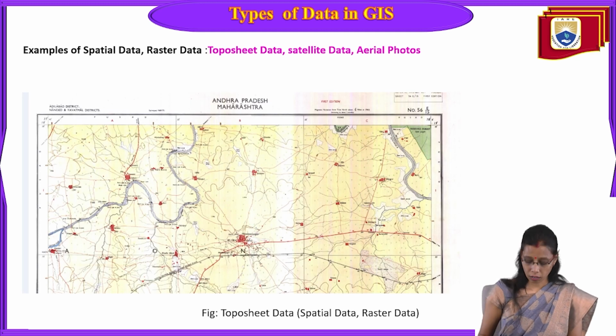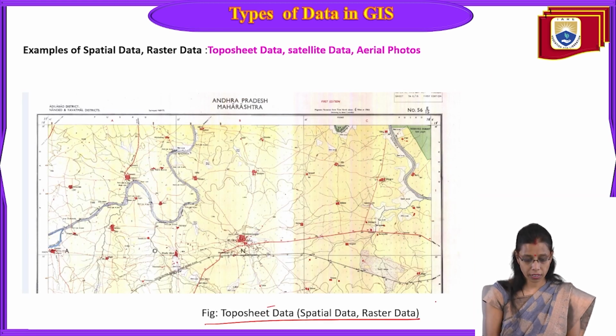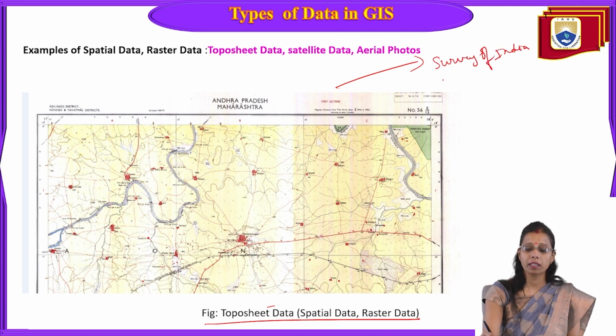Now coming to a few more examples. Toposheet data is one good example. We get this toposheet from Survey of India, in paper format.